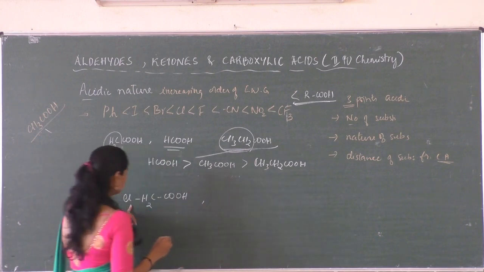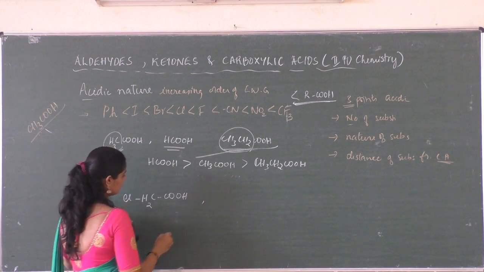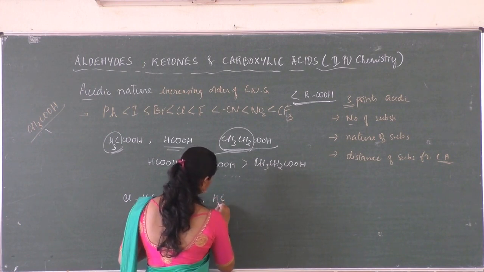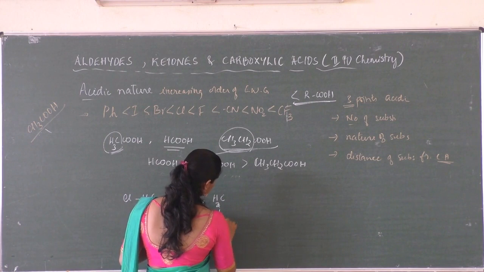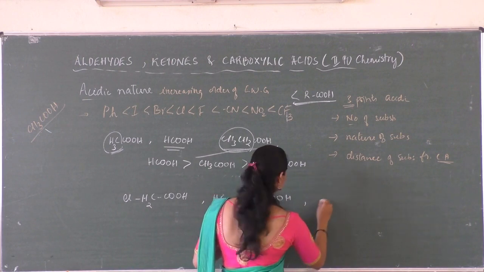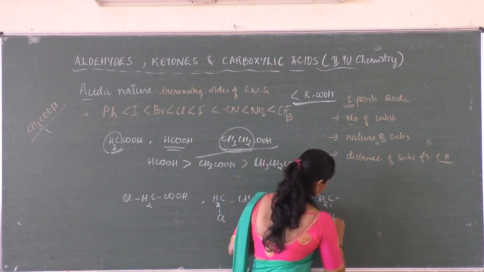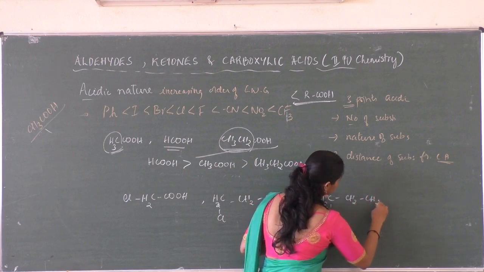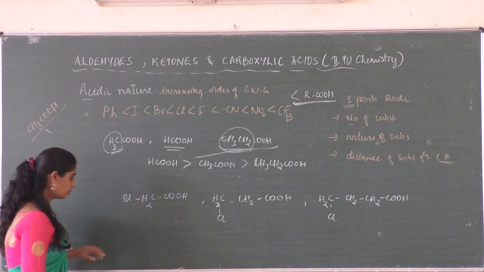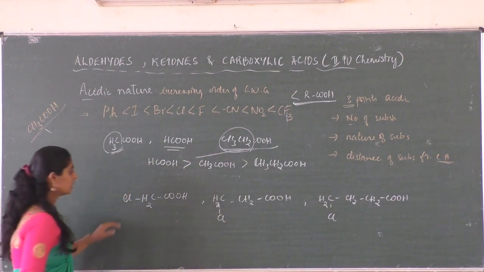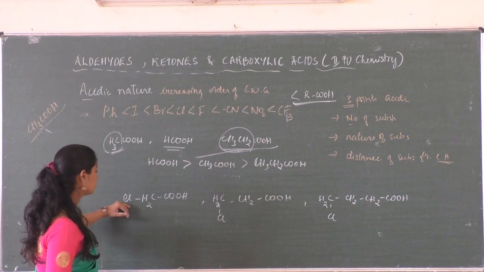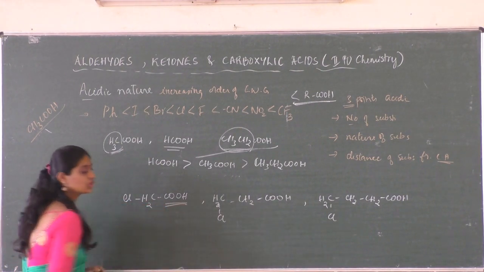So if you consider alpha chloroacetic acid or else 2-chloro, and if we have these three examples, then you can see that the chlorine is directly attached to the carbon with the functional group.